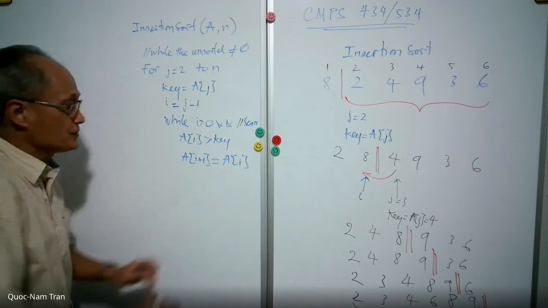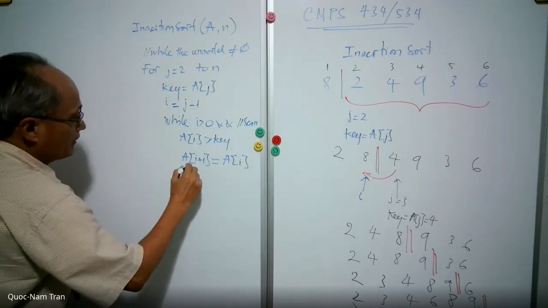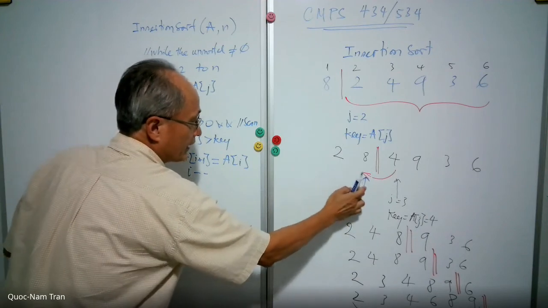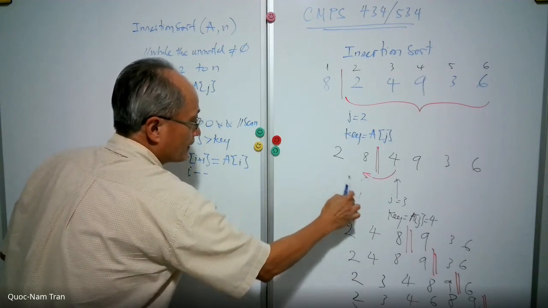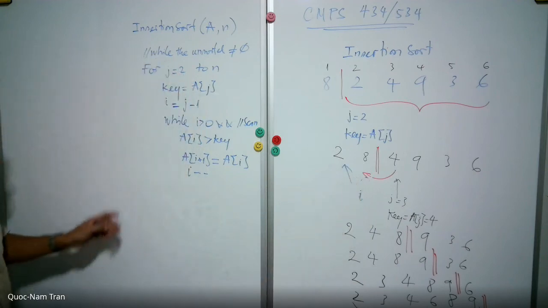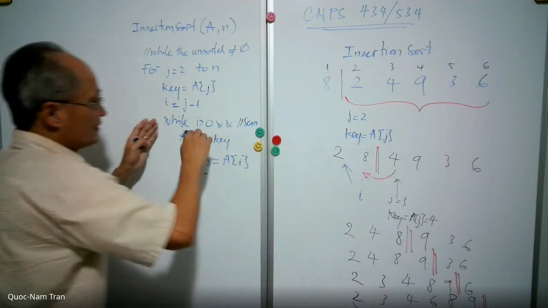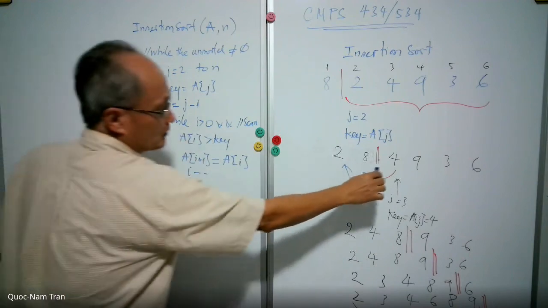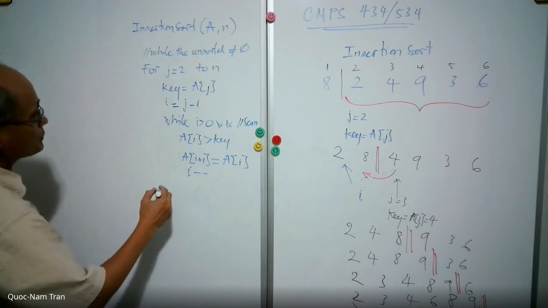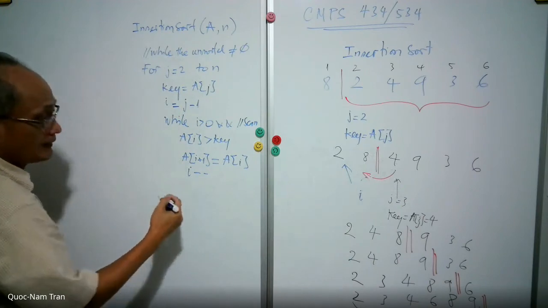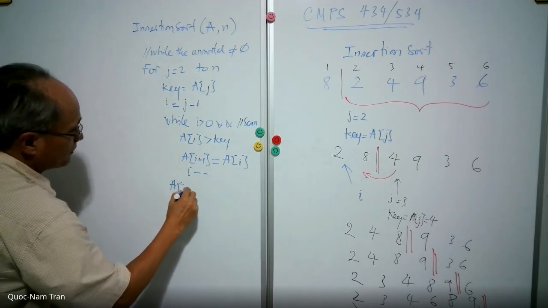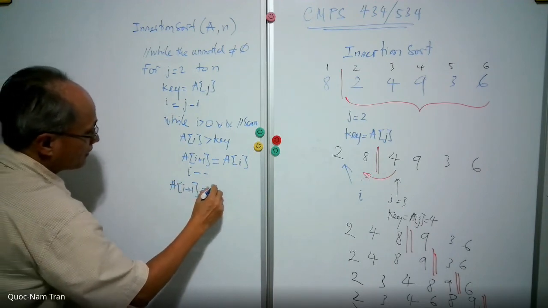Shift it one position and then we decrease the value of i, meaning now we go to the next. Right? So after we scan everything here, we need to insert the key into the right position. So we would have: insert the key into A[i+1].